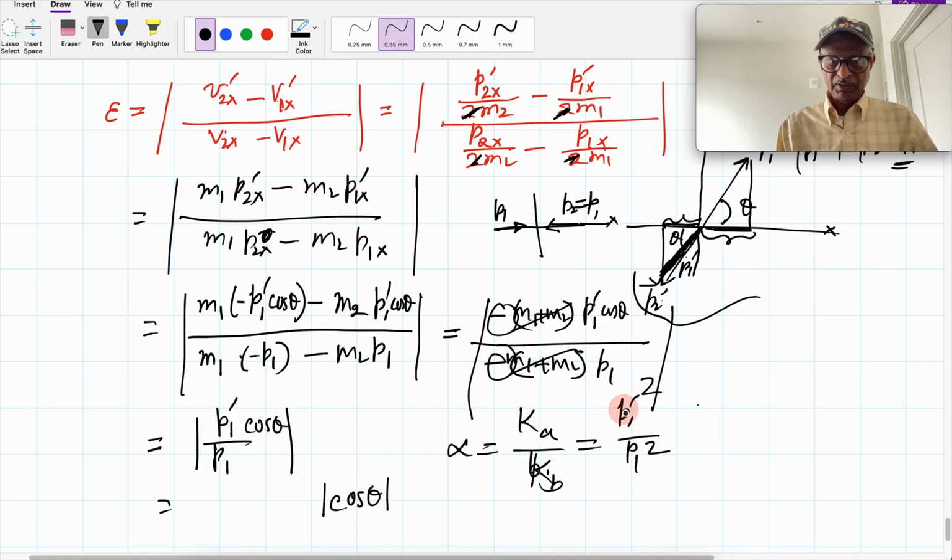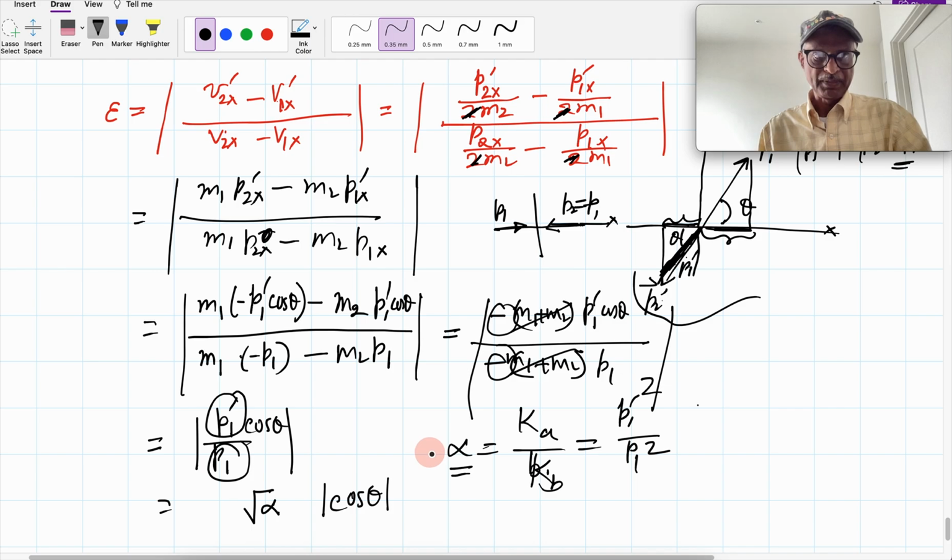So this is positive and this is positive, the magnitude. So this is going to be the square root of alpha times cosine theta.